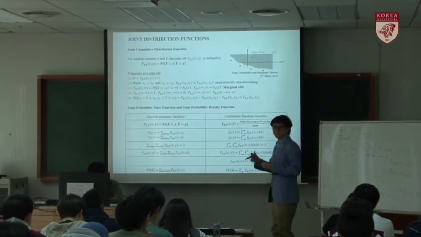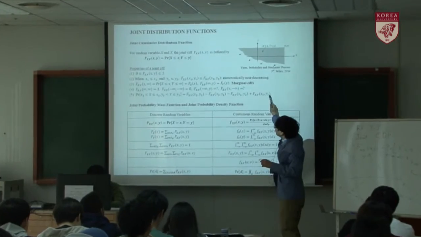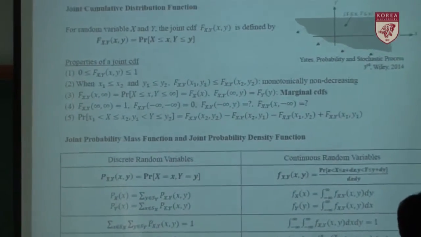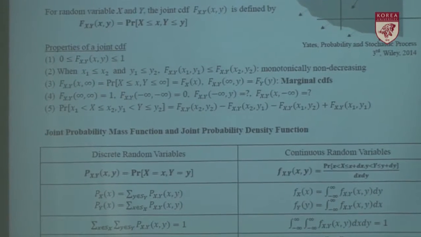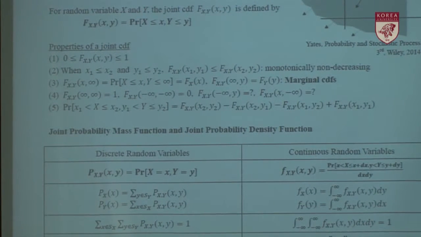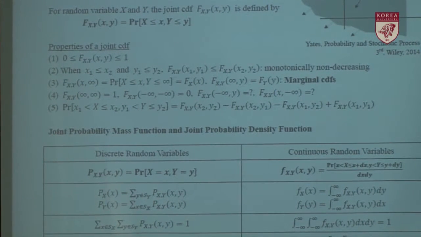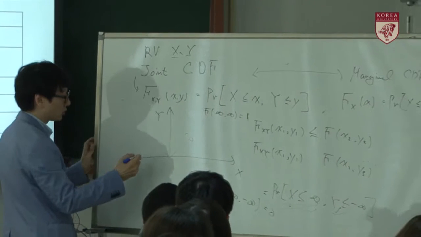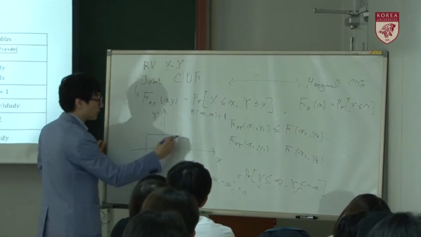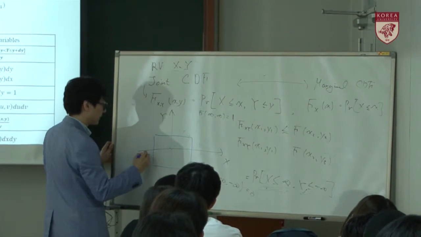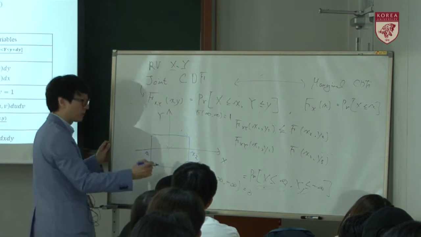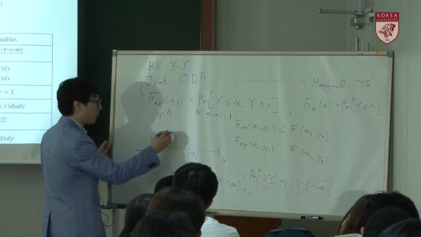Okay, so then property 5. It means like this. Here we want to find out X is between x1 and x2, and Y is between y1 and y2.